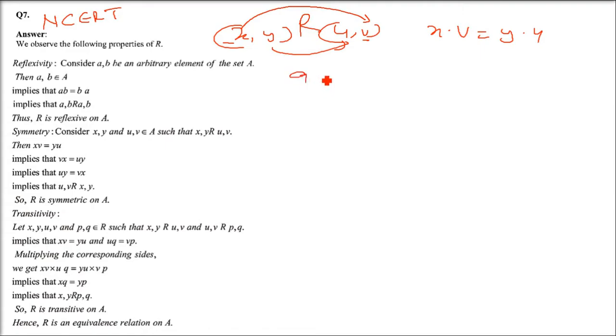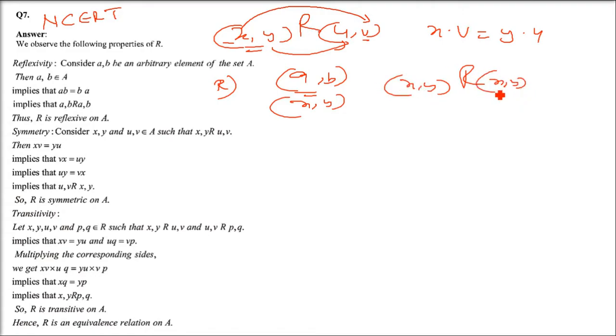I am starting with reflexivity. Assume it to be (a, b) related to, now we have (x, y) and (u, v). When we are taking reflexivity, it will be (x, y) related to (x, y). You can assume it to be (x, y) or (a, b), but they have to be related to themselves.